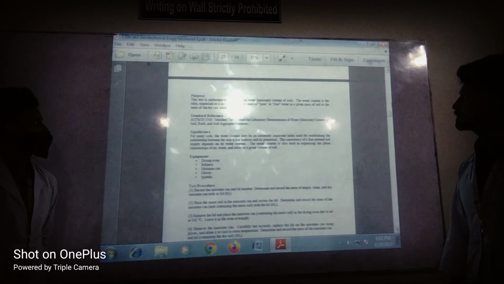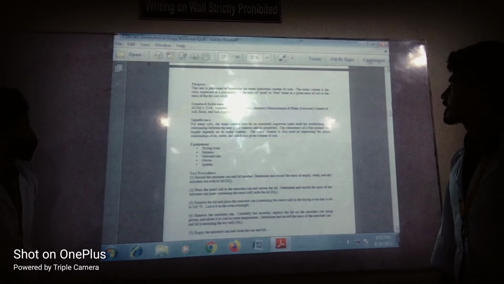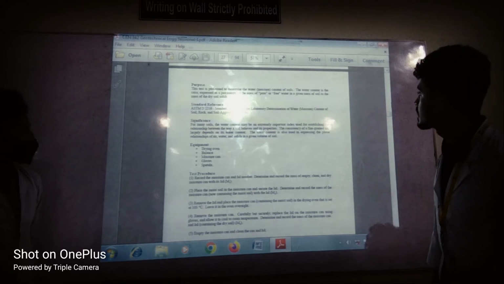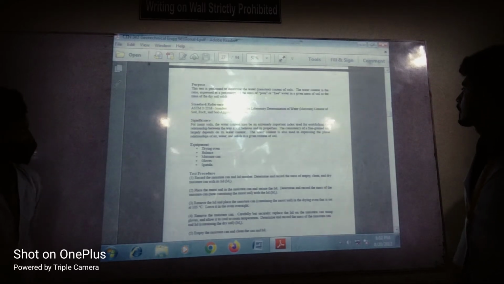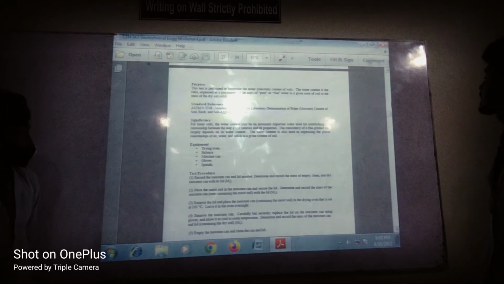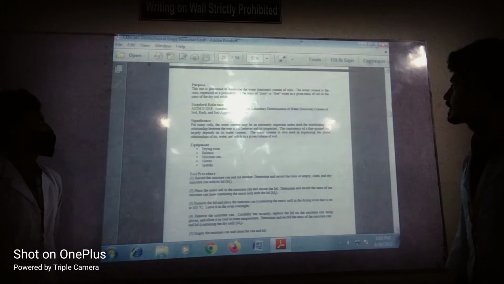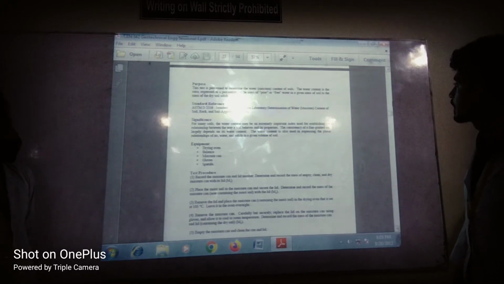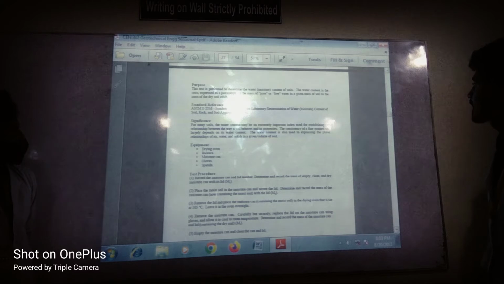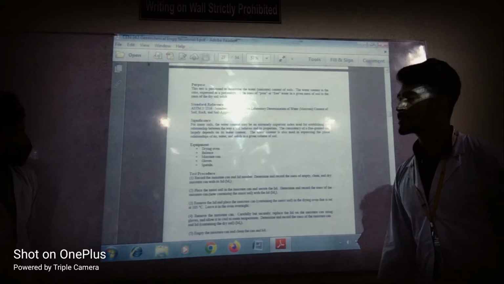Purpose. This test is performed to determine the moisture content of soil. Water content is the ratio, expressed as a percent, of the mass of the pure and free water in the given mass of soil to the mass of the dry soil.